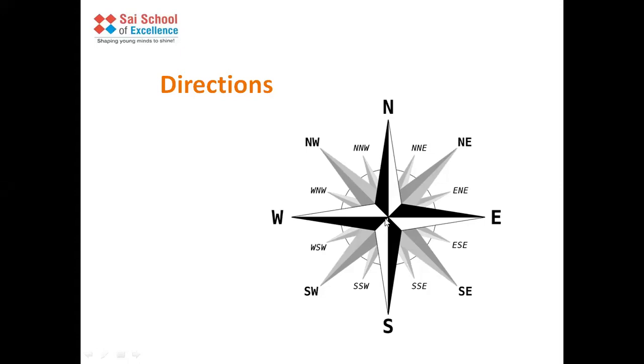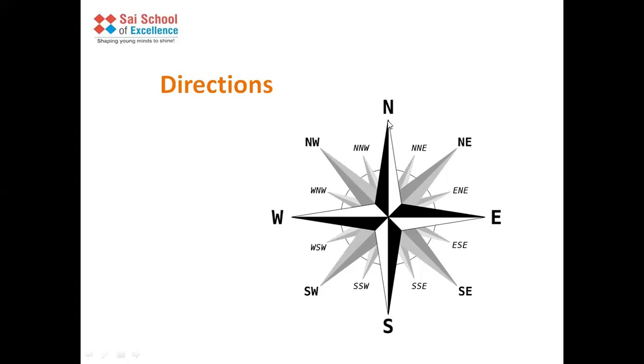One of the most important elements of a map is direction. There are, as you know, 4 cardinal directions, that is north, south, east, and west. So usually maps are drawn with north at the top.